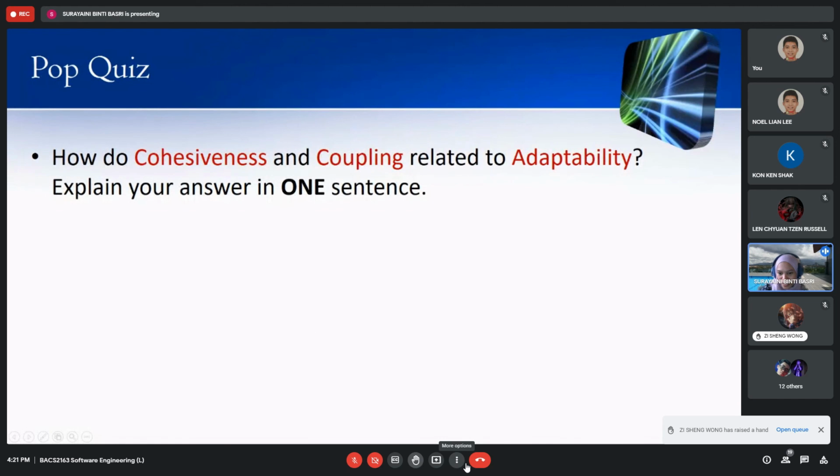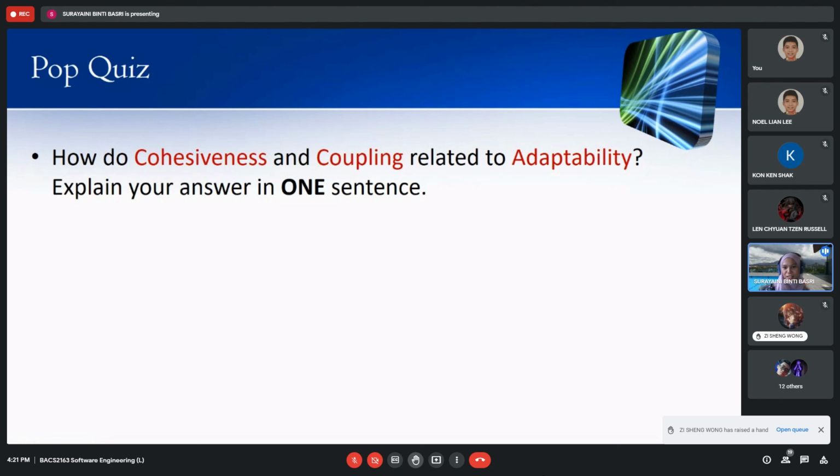Can I have an answer from those I haven't asked previously? Yep, Yap Hao Wong, Daniel, and Zisheng Wong, the three of you. How are cohesiveness and coupling related to adaptability?